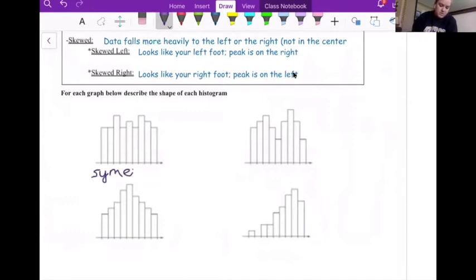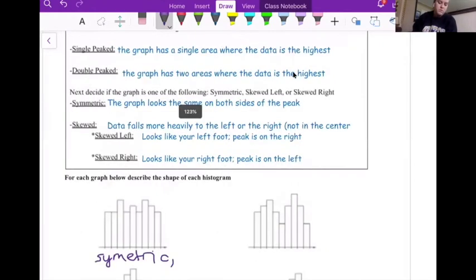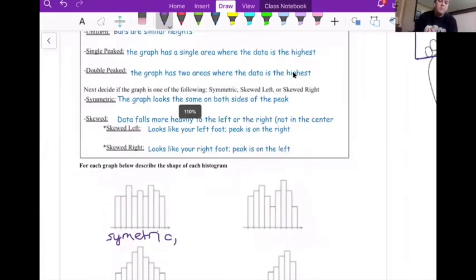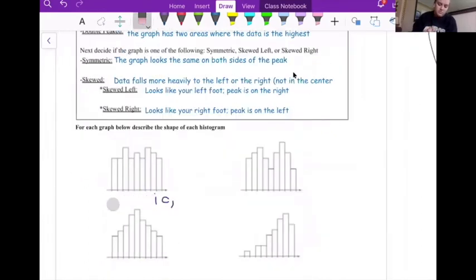And so if it's symmetric, it's always going to be, sorry, this is a uniform symmetric. So it's uniform because it's pretty well straight across, only a few. And so anytime that it's uniform, it has to be symmetric.